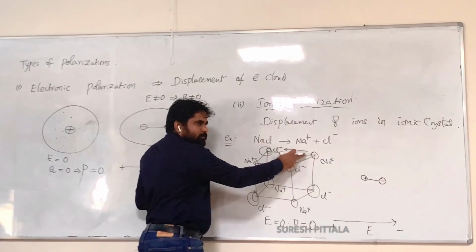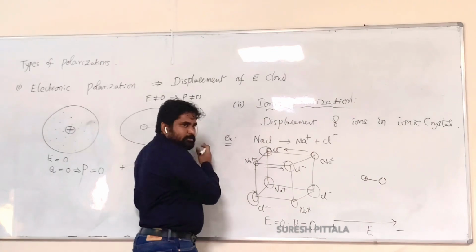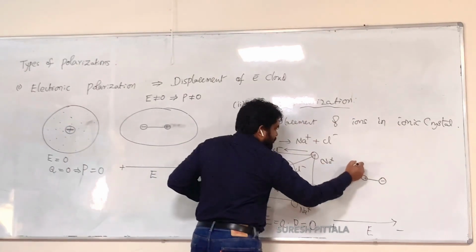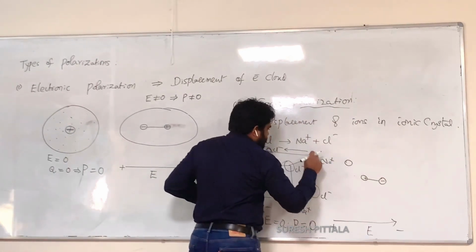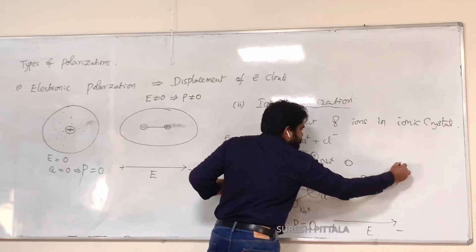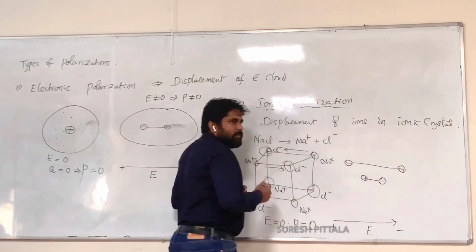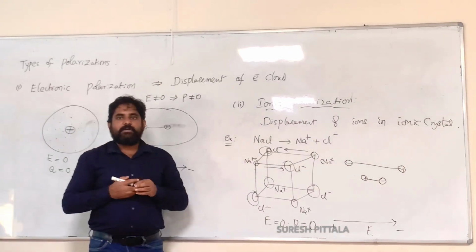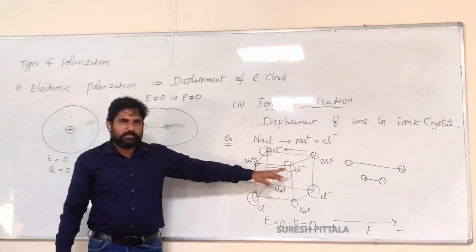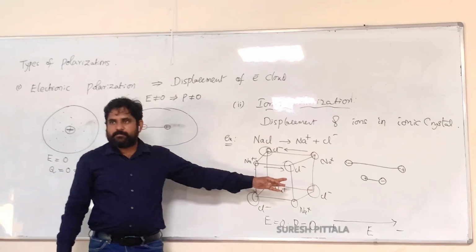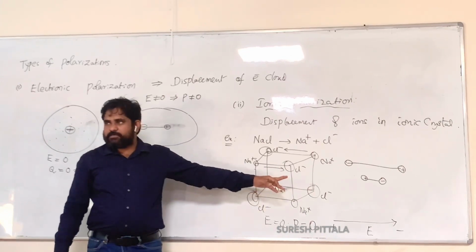Now let us focus on this dipole. How did it move? This side. So it moved from here to this side, and the other ion also moves. The direction is still different, however the magnitude changes. Are you following what is happening?